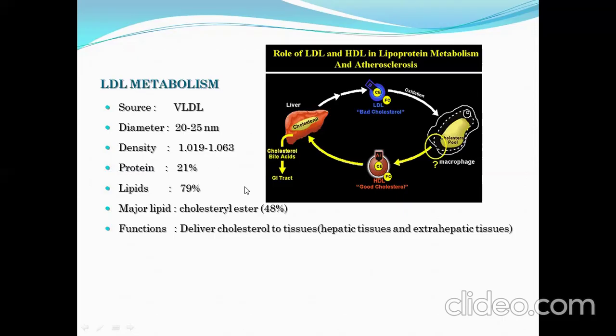Due to that, if there is more LDL, more functions will proceed, so more cholesterol will be transported through the bloodstream. So there is increased cholesterol inside the blood, and that affects the heart. So that's what is called bad cholesterol. And another name is lethally desirable lipoprotein. So LDL has three names: low density lipoprotein, lethally desirable lipoprotein, and bad cholesterol.